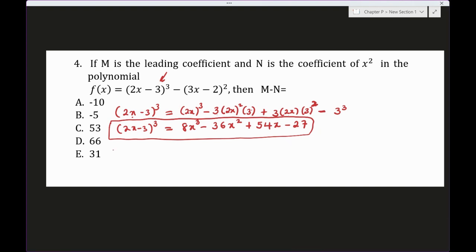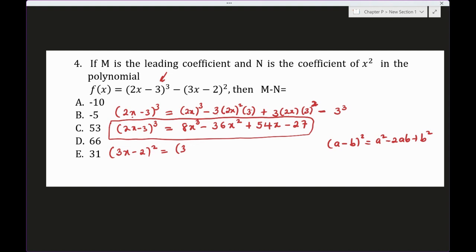Okay, then let's do the second one, which is 3x minus 2 all squared. Now you are dealing with a square, and we also saw in one of the formulas that (a minus b) squared is nothing but a squared minus 2ab plus b squared.